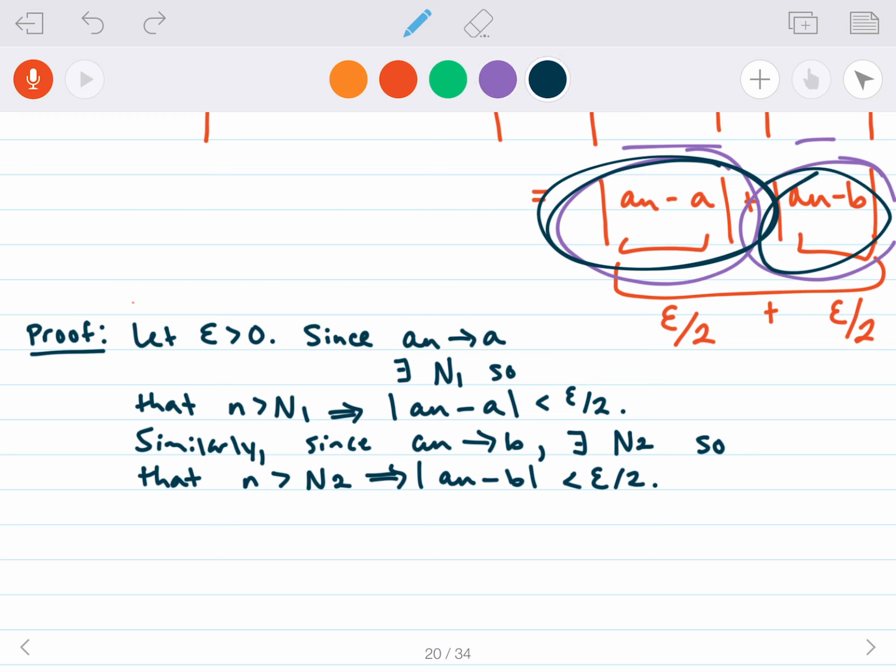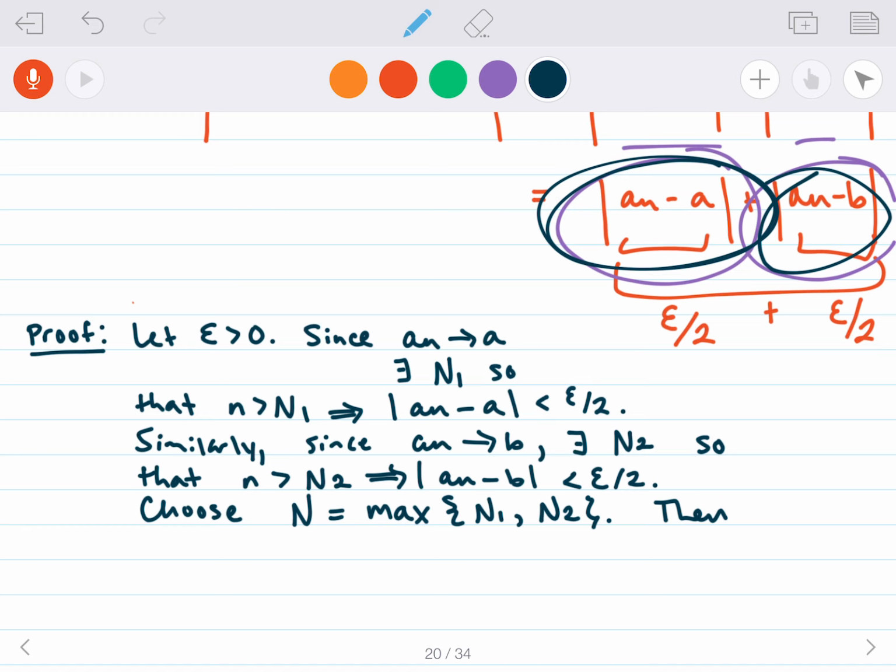So let me show you what I mean, okay? Choose capital N equal to the max of N1 and N2. Okay, the maximum of these is going to be capital N.